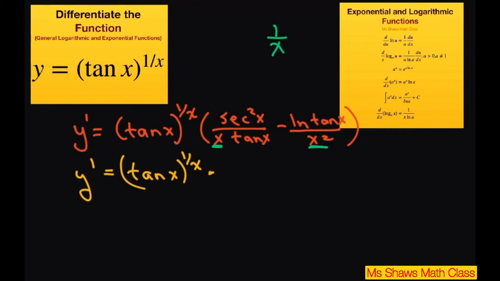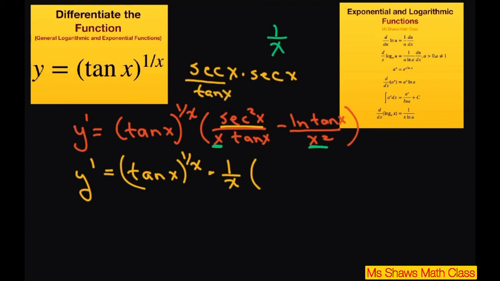And then let's just pull out this 1 divided by x. And then that will leave you secant x times secant x divided by tan of x.